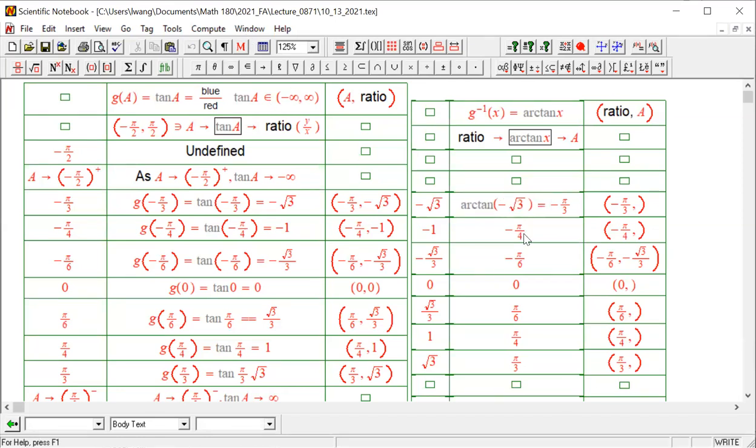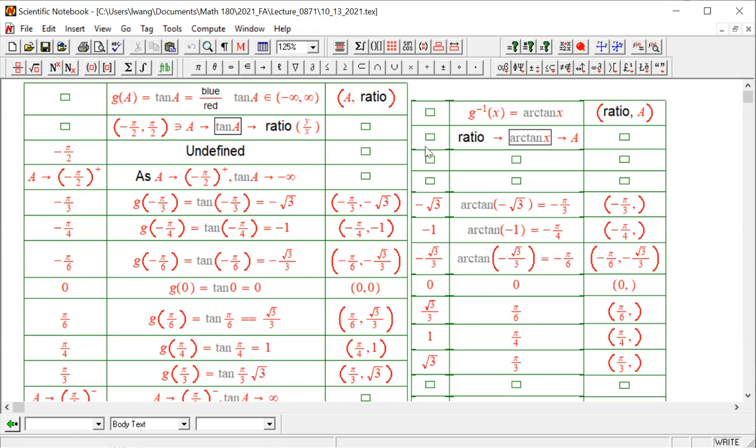Do you guys see that? Could you finish the rest of the table with me? Arctan of negative 1 equals negative pi over 4. Arctan of negative root 3 over 3.